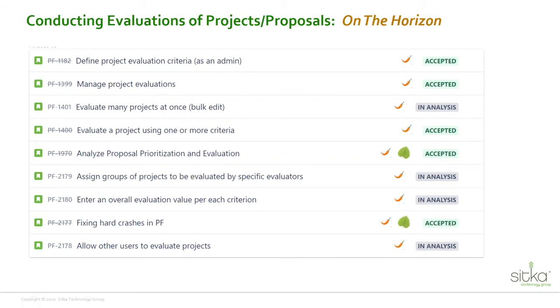Another one is what we hinted at previously: the ability for an administrator to assign groups of projects to be evaluated by specific evaluators. That, together with this bottom one down here, allows other users to evaluate projects. As an administrator, you'd be able to say, I'm going to define a group of people who can evaluate the project, and then I'm going to assign them to a group of projects.